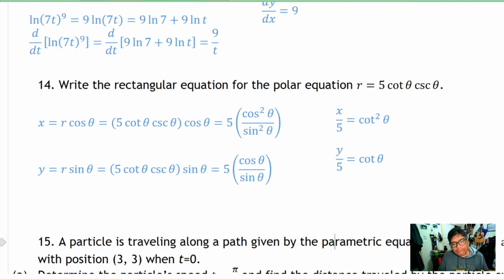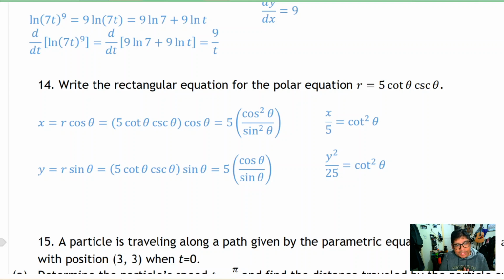Now, if I decided to, and I'm going to decide to, square that second equation in terms of y, look what happens. I get y over 5 squared equals the square of cotangent theta, which I can further simplify as y squared over 25 is equal to cotangent squared theta.